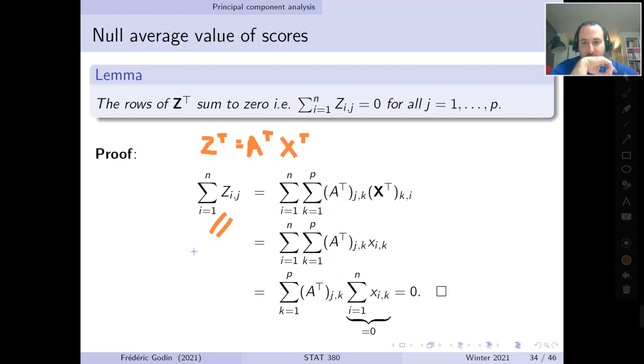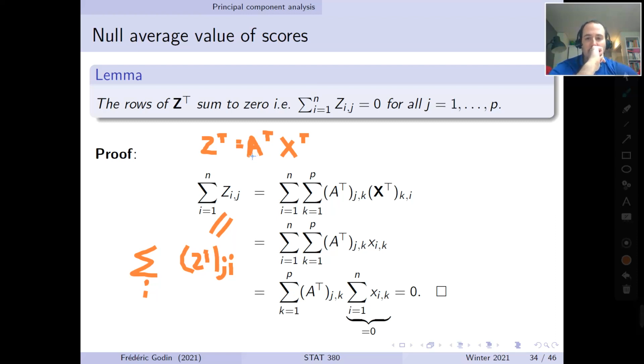This is equivalent to Z transpose Ji, and we sum across I. So this is equivalent to fixing a row of Z transpose to J and summing all elements across all columns I of the Z transpose in the row J. Because of this expression here, we fix the row J, so this is equivalent to fixing the jth row of A transpose and multiplying and getting all the columns for this.